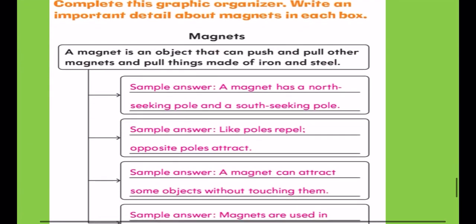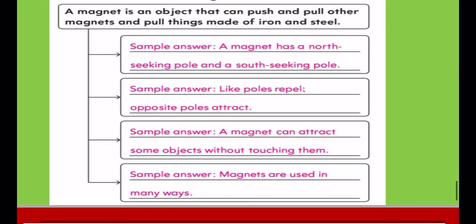Okay, let's see the answers. First of all, a magnet has a north-seeking pole and a south-seeking pole. So a magnet has 2 poles, north and south. Box number 2. Like poles repel. They push away from each other. Opposite poles attract, definitely.